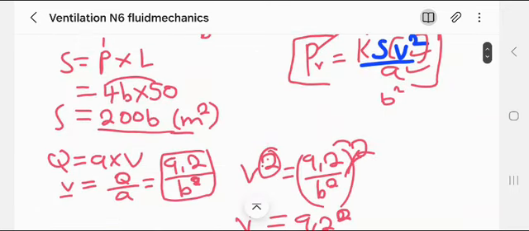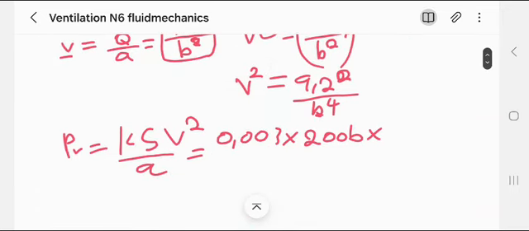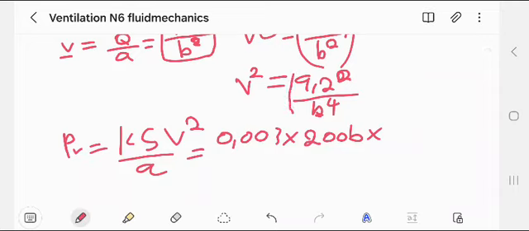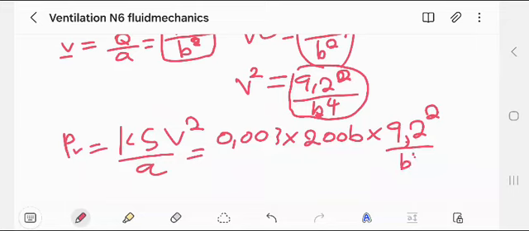So 0.003 multiplied by, now we have this, as you can see there, we have 9.2 squared. We multiply this by 9.2 squared over b to the power of 4.